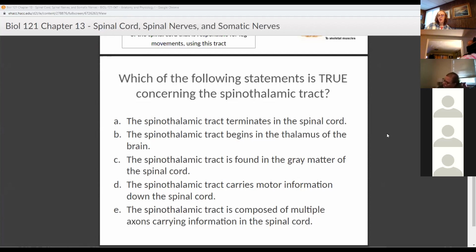So it's not gray matter, it's white matter. We know it doesn't terminate in the spinal cord. It doesn't begin in the thalamus, it ends in the thalamus. So it has to be the last one, that it's composed of multiple axons carrying information in the spinal cord.